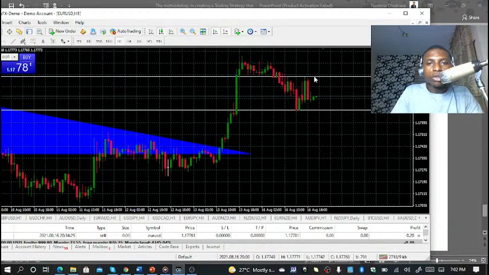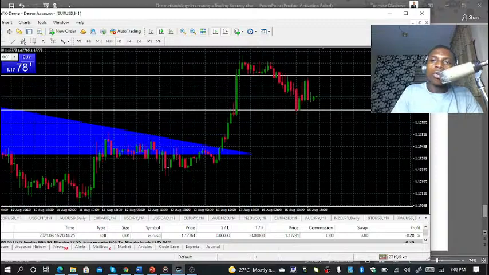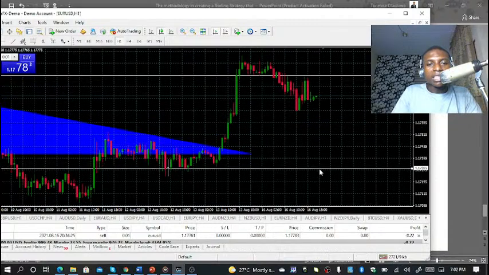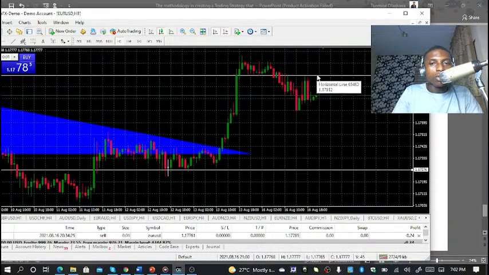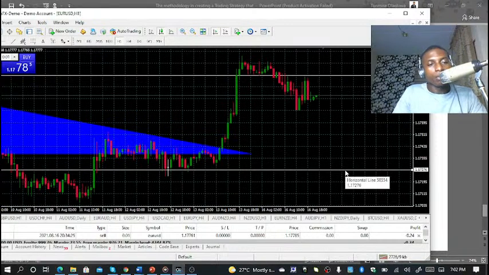Then we say, okay, I'm putting my stop loss at 1.1792, right? And then I'm putting my take profit at this level, which means I believe that if it comes down, it's going to touch this level, and I'll close in profit. And if it goes up, it's going to close me out at this level. So this level will be my stop loss, and this level will be my take profit.